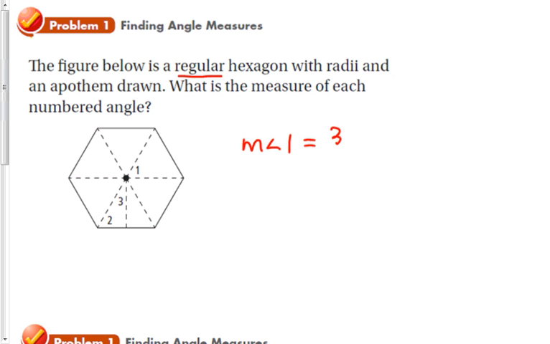That's equal to 360 divided by the number of angles, since they're all congruent, which is 60 degrees. And if we look at the measure of angle 3, 2 times the measure of angle 3 is equal to the measure of angle 1.